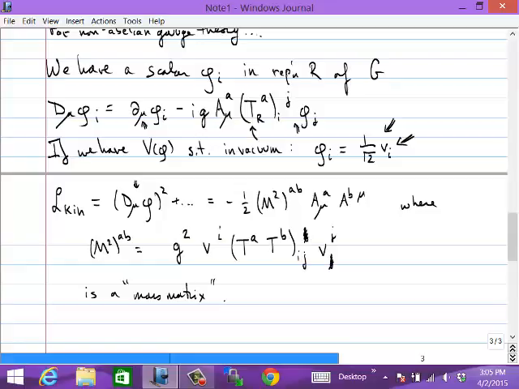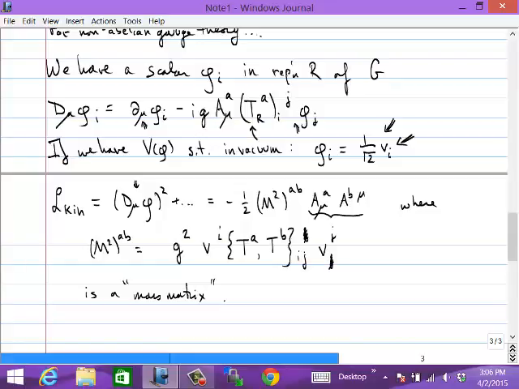And in fact, sometimes people write this slightly differently. Sometimes people will write this not as the product, but rather as the anti-commutator. The reason you can write it as the anti-commutator is that this m squared AB is multiplying this object A_mu^a A^mu b, which is symmetric in a and b. So you can always symmetrize m squared AB.